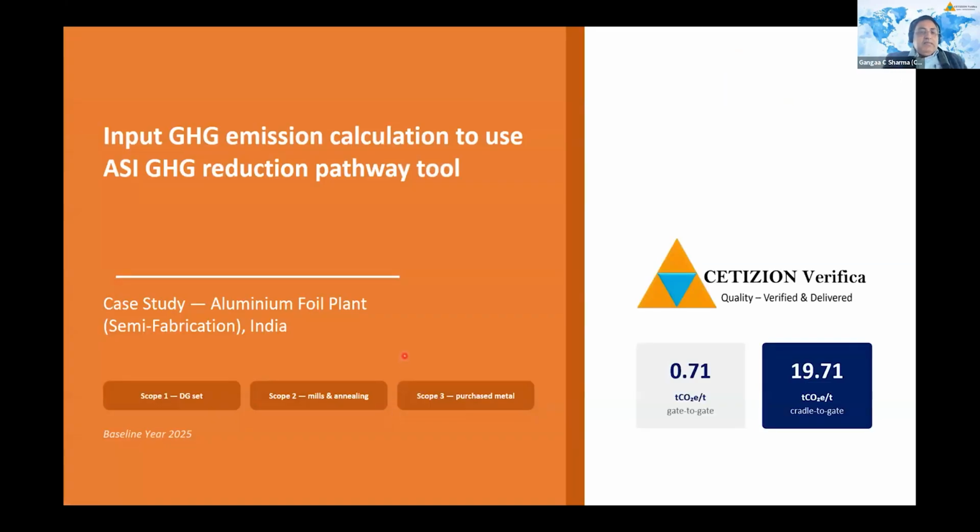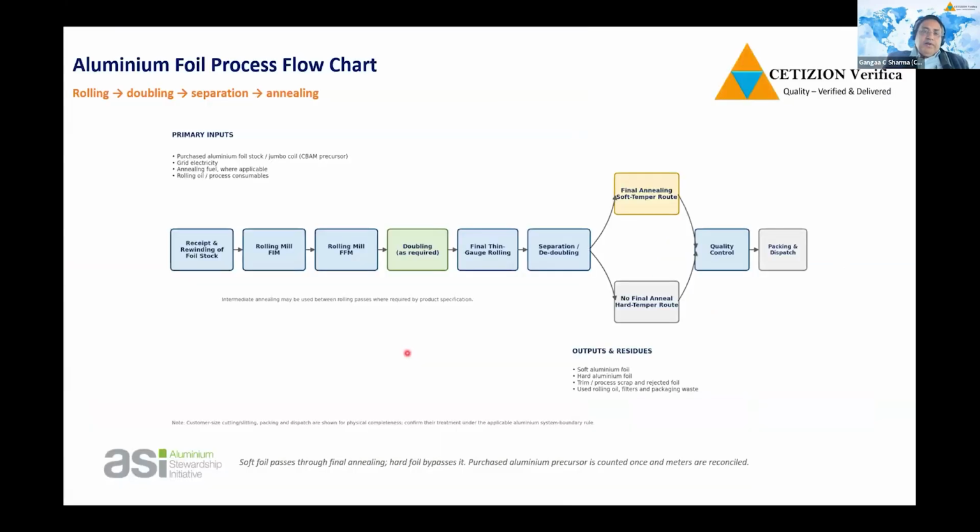Now let's discuss a downstream company making foil. So foil generally, for the people who know it, there is a process. We buy the foil stock from the cast house or the rolling flat roll product companies. Then it's unwinding or rewinding. Then there is a rolling mill, depending on the thickness.